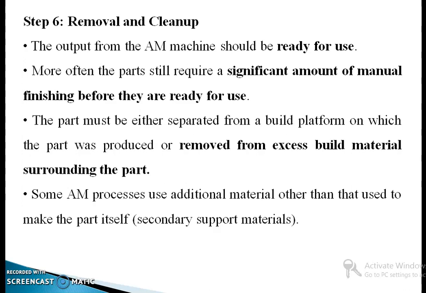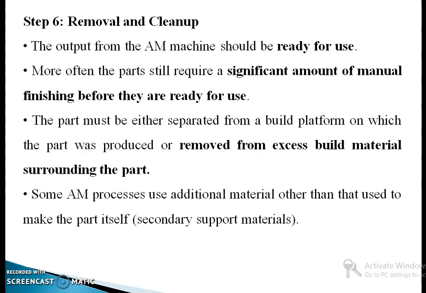The output from the AM process should be ready for use. More often, the part still requires a significant amount of manual finishing before it is ready to use, because some of the extra material is present over the part and we have to remove that extra material, the excess build material surrounding the part, and convert it into the finished product.